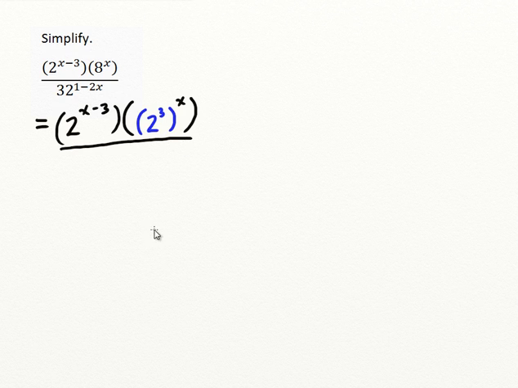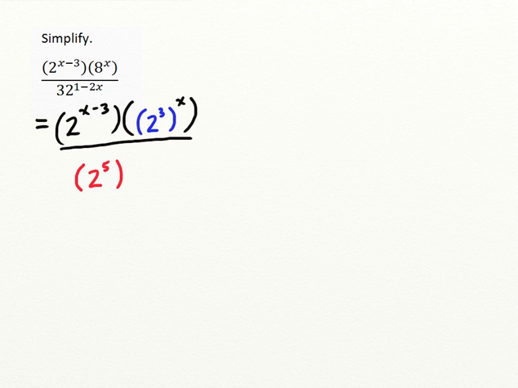All right, in the denominator, we've got 32. Again, I'm just going to do a little substitution here. Instead of writing 32, I am going to write 2 to the exponent 5, because 2 times itself 5 times gives me 32.